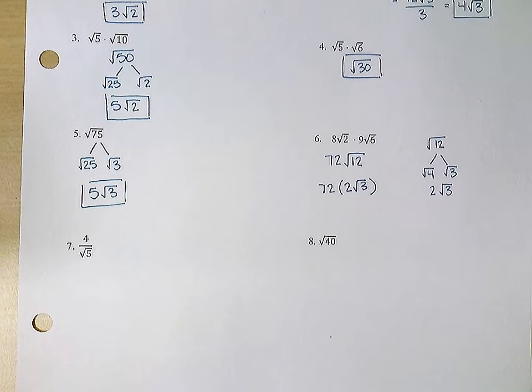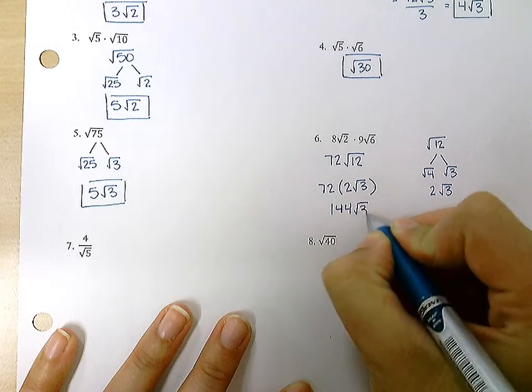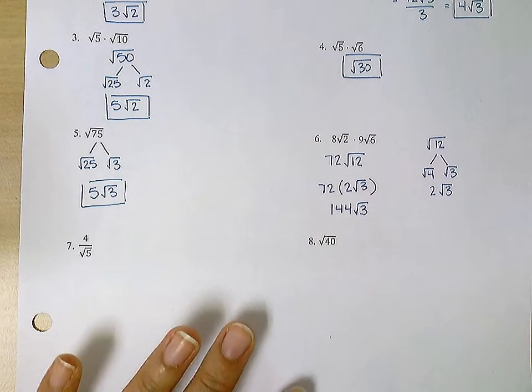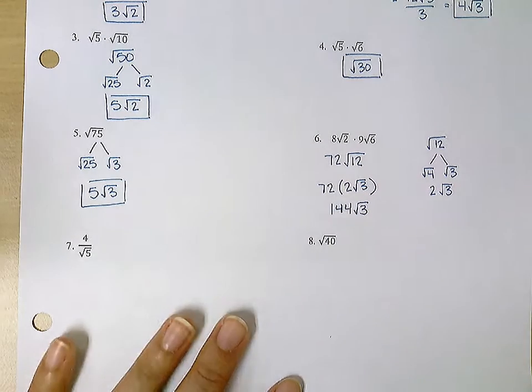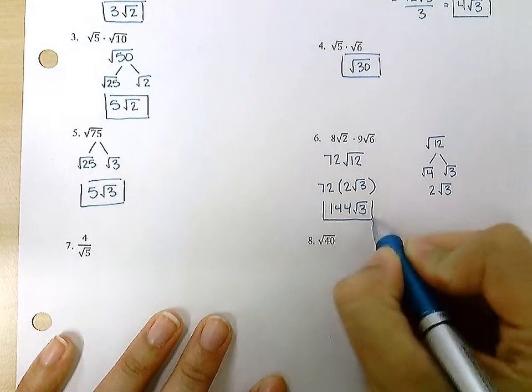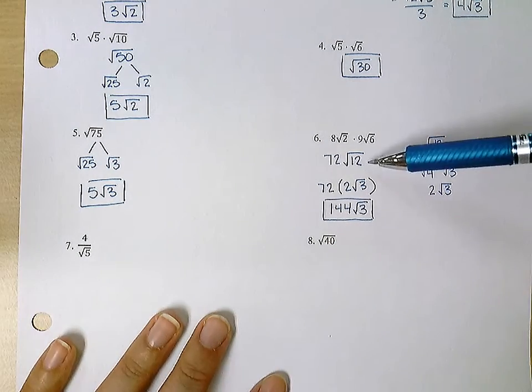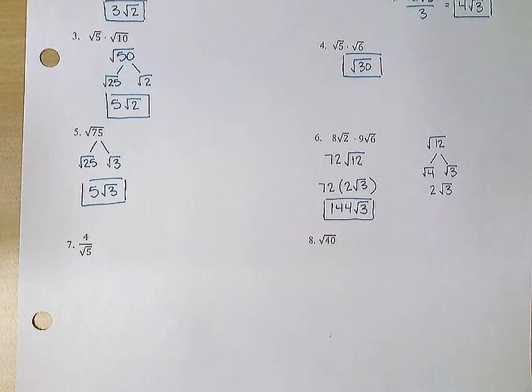So I take 72 times 2 to get 144, and then keep that square root of 3 multiplied in. After you simplify that root, you still need to multiply that outside number into the other one. Okay?